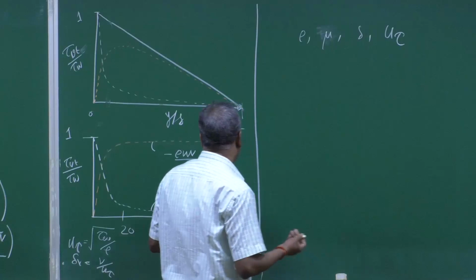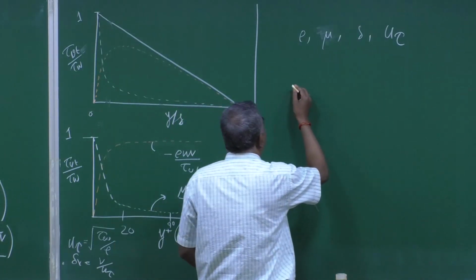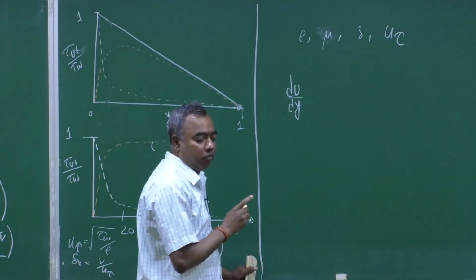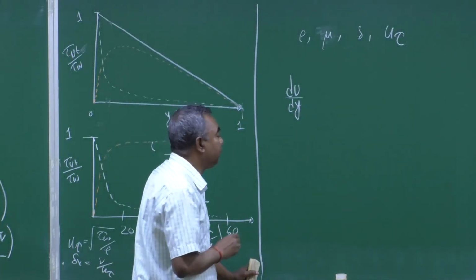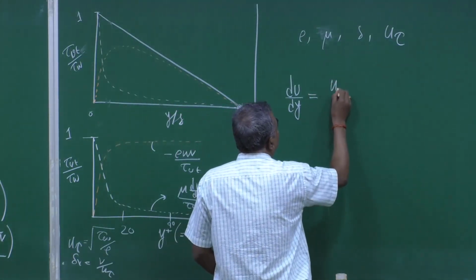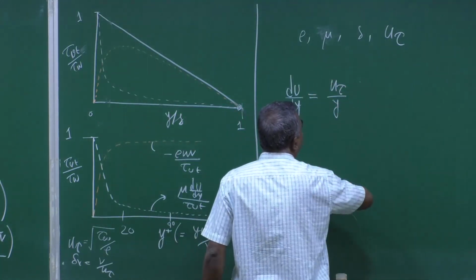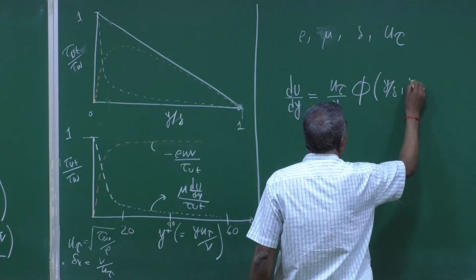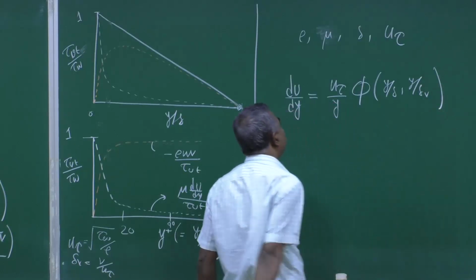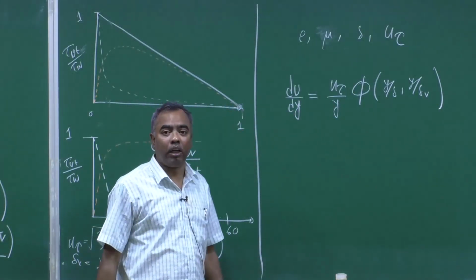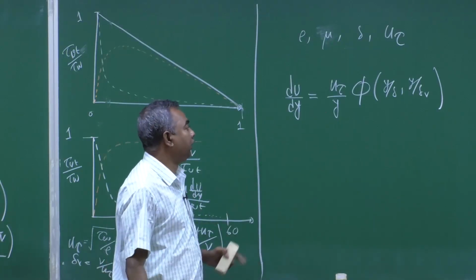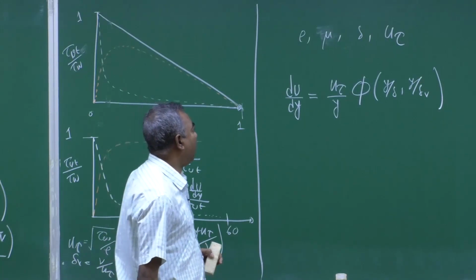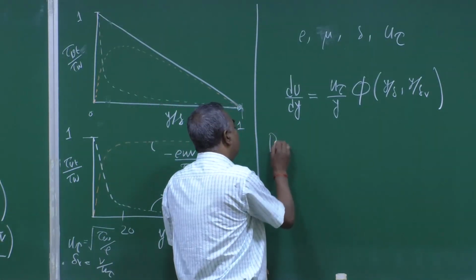If we go ahead with the dimensional analysis, then as we found, du/dy is a more important quantity as compared to your velocity. So, this is a function of y by delta_v. This is what we found, that dimensionally the velocity gradient can be written in this particular fashion, right.